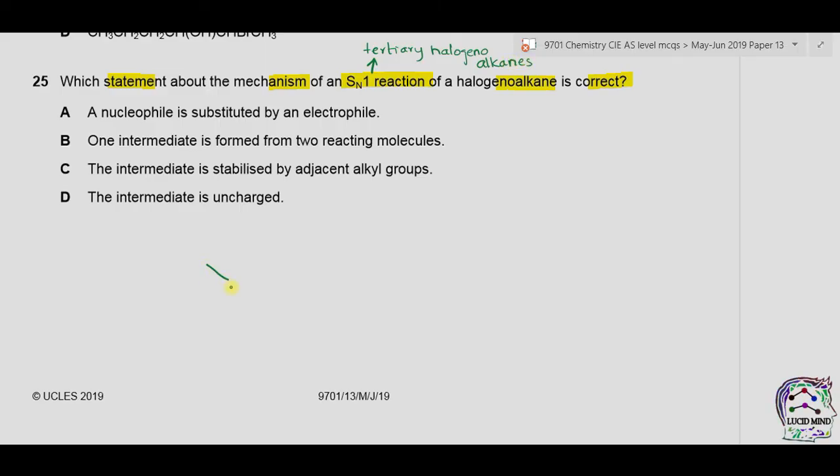In the mechanism we can see that tertiary halogenoalkane is first converted into carbocation and halogen is removed. Then in second step, electrophile attaches itself with the carbocation that is formed to form product.